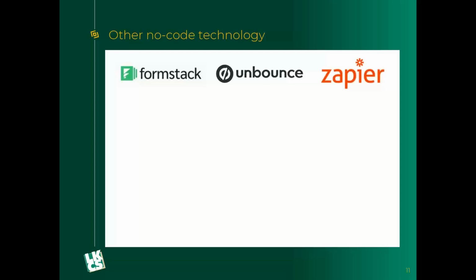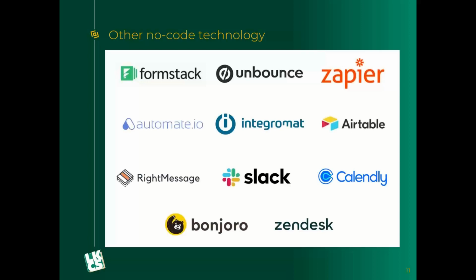And Zapier helps pass data back and forth between systems as well as add and edit data in the CRM. There are some other options too, like Automate.io, Integromat, Airtable, RightMessage, Slack, Calendly, Bonjoro, and Zendesk.